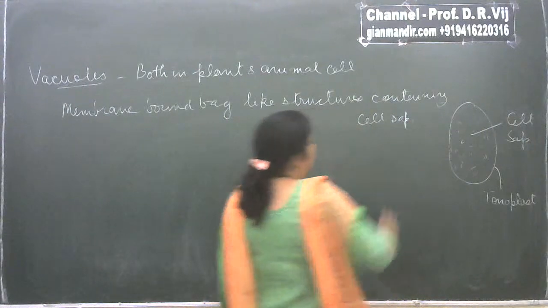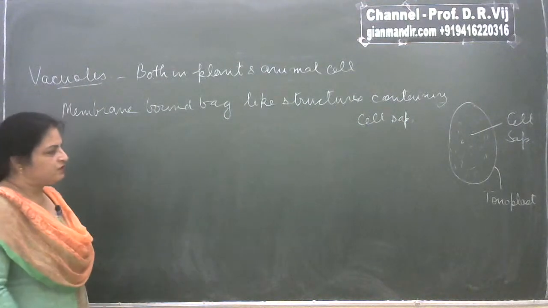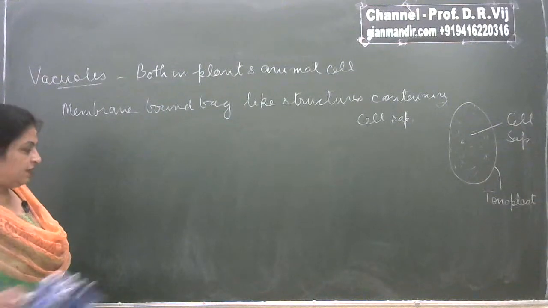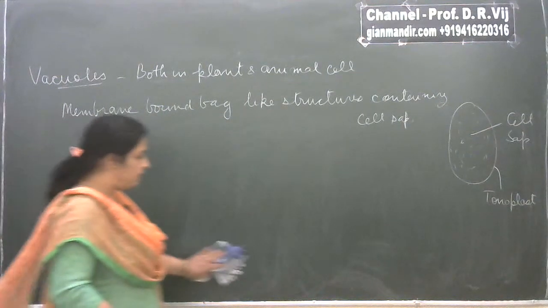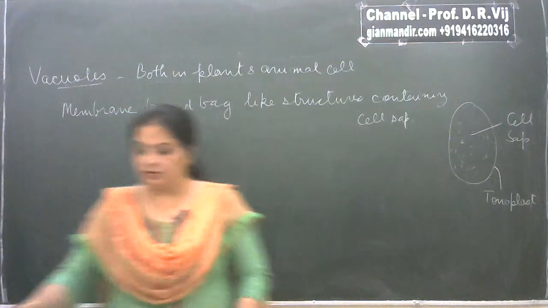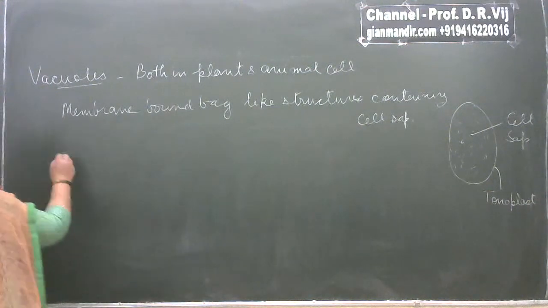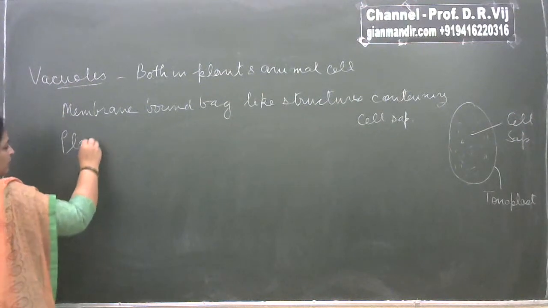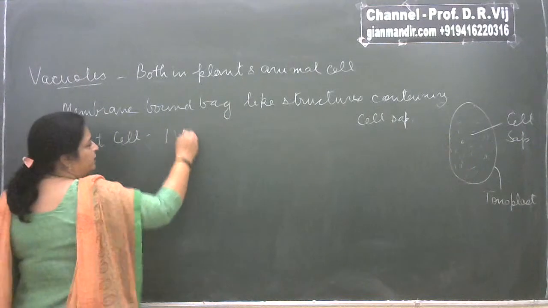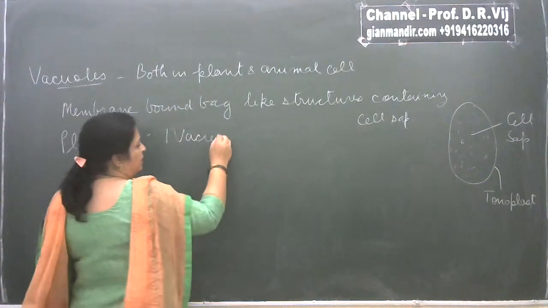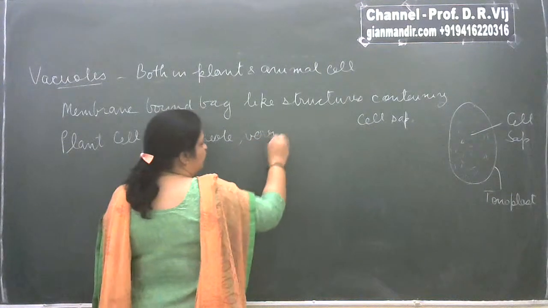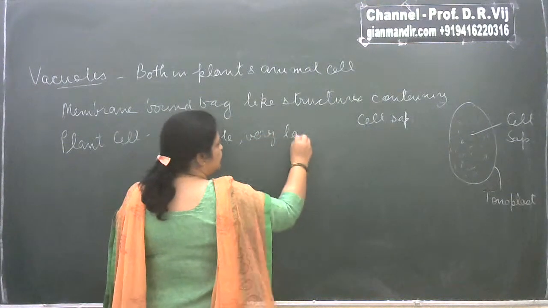So the fluid which remains filled in the vacuoles is known as cell sap. And if you see the difference in vacuoles of animal cells and plant cells, you find a small difference here: in the case of a plant cell, there is one vacuole and it is very large in size.